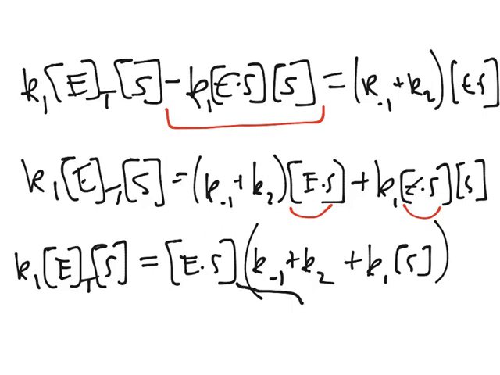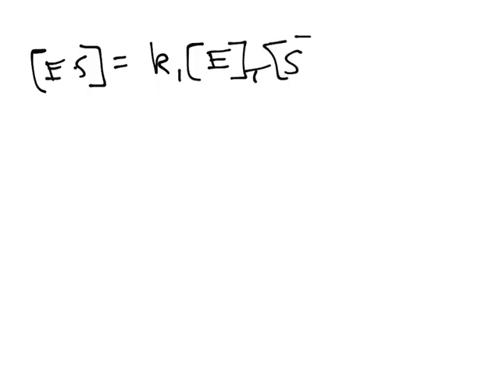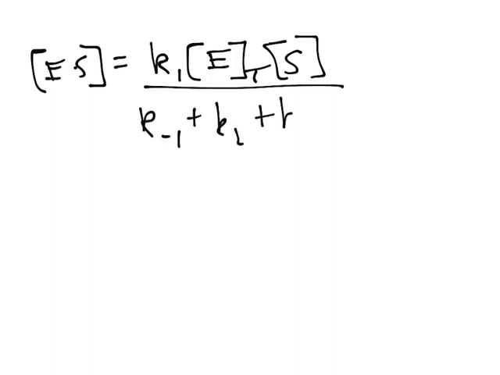If I divide both sides of my equation by this term, I find that the concentration of the enzyme substrate complex is equal to K1 times the total concentration of enzyme times the concentration of substrate, divided by K minus 1 plus K2 plus K1 times the concentration of S.